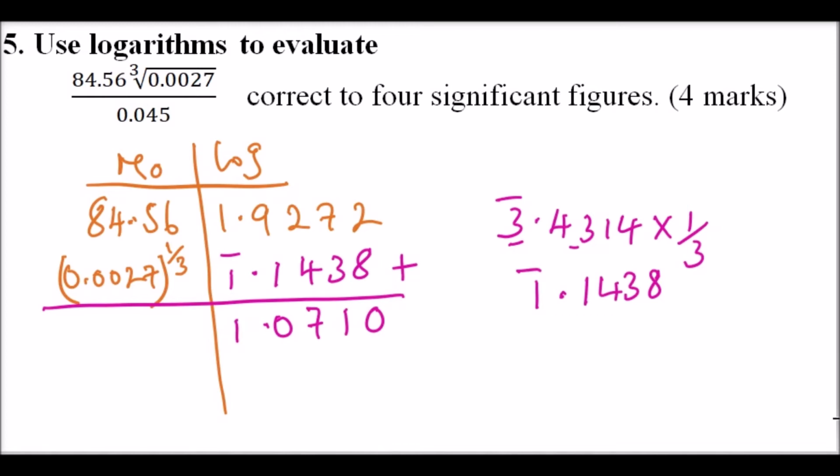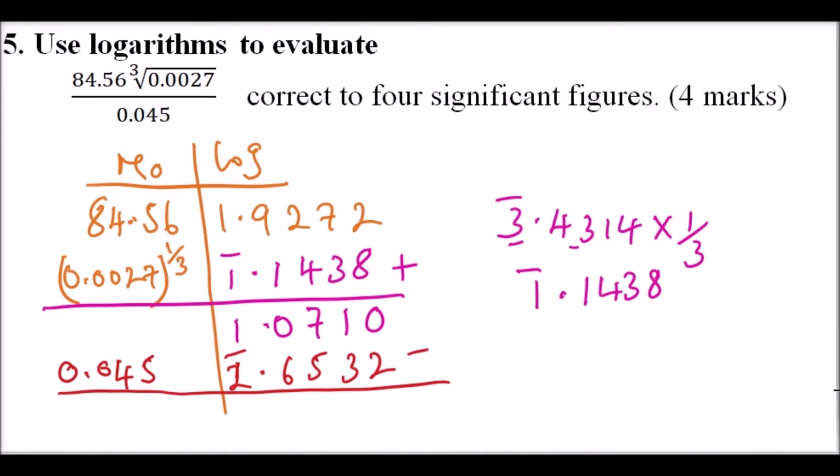Then we have 0.045. We move the decimal point to the right, so we have bar 2 point. Then we get the logarithm of 4.5, which should give us 6532, and because it is division, we subtract.